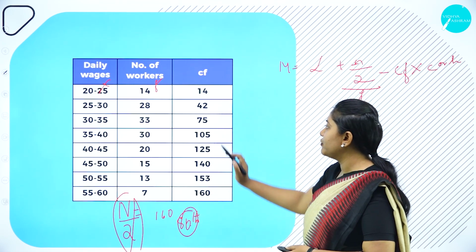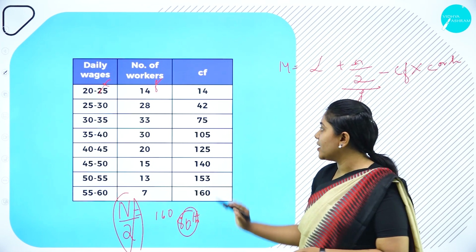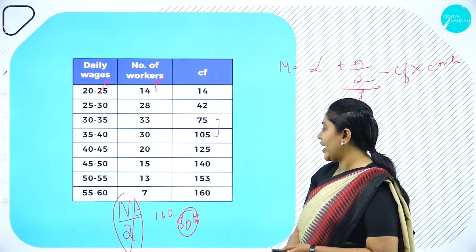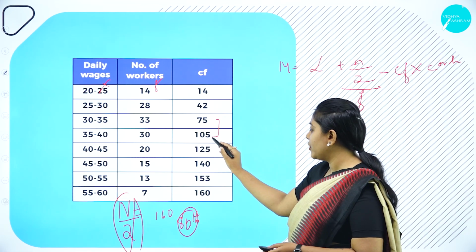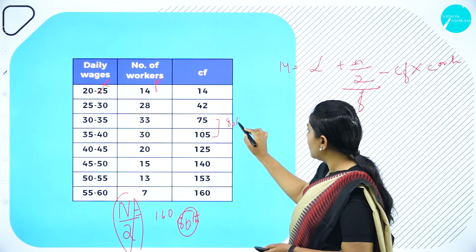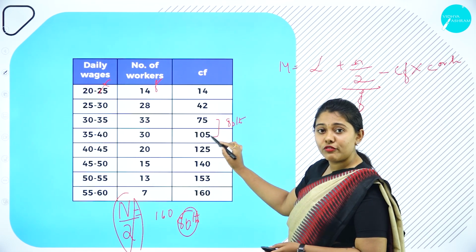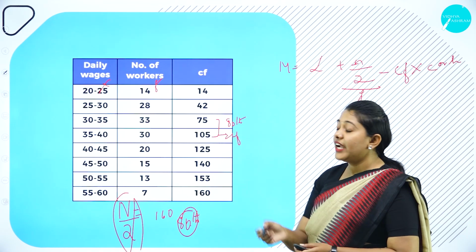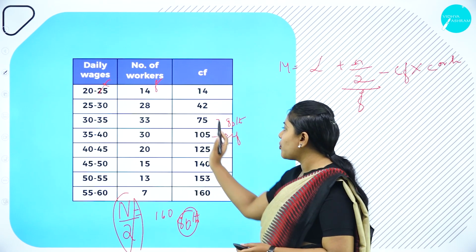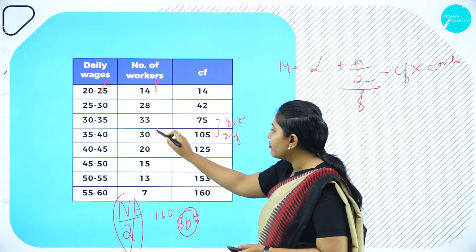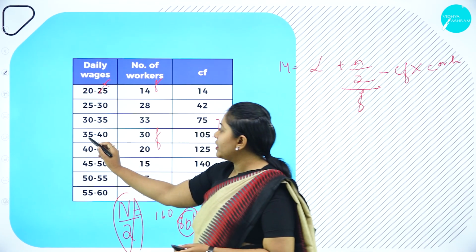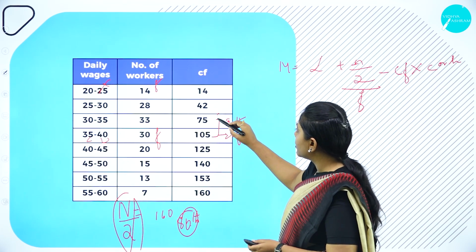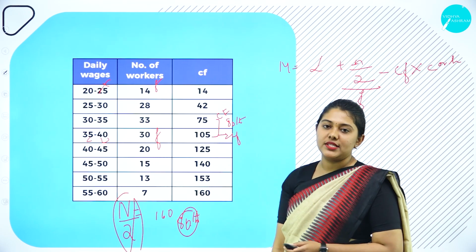In cumulative frequency, 80 stands between 75 and 105. So in this cumulative frequency, 80 stands, and the frequency corresponding to that will be your frequency.